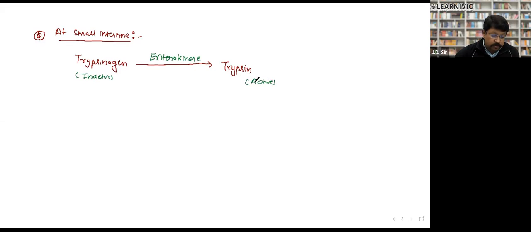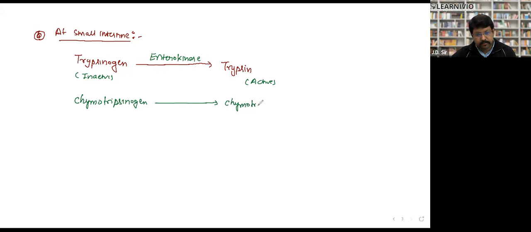Right? Look. Now chymotrypsinogen is converted into chymotrypsin with the help of trypsin.